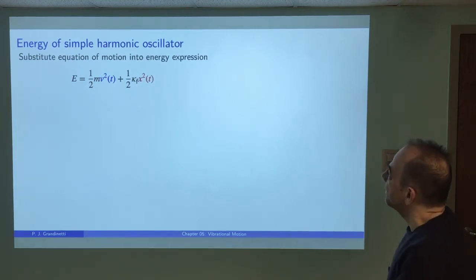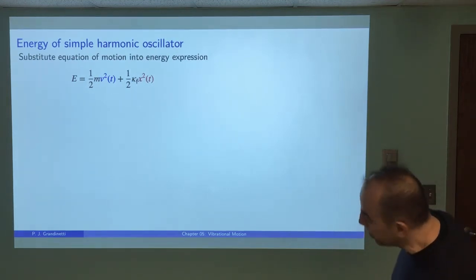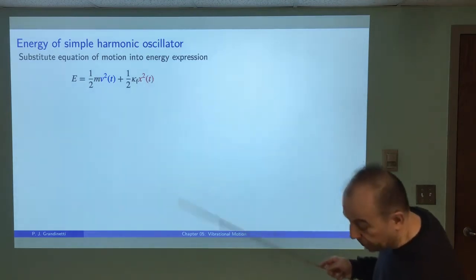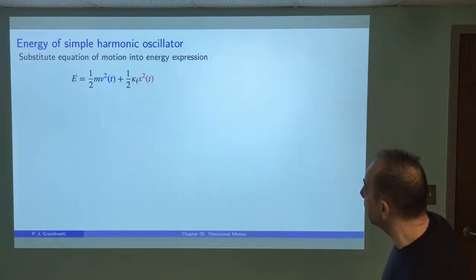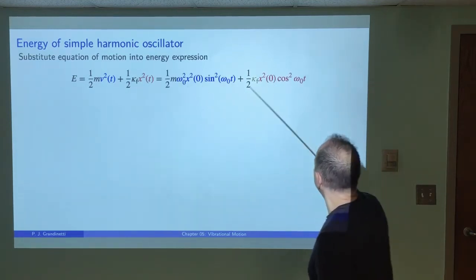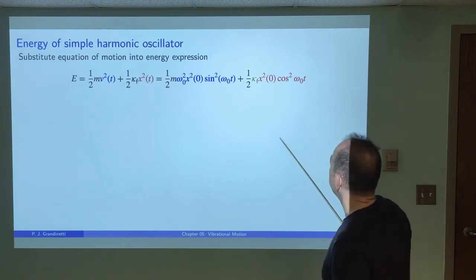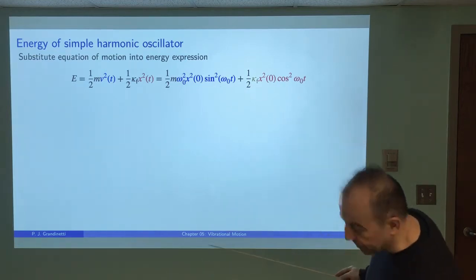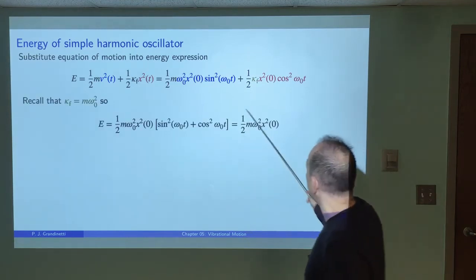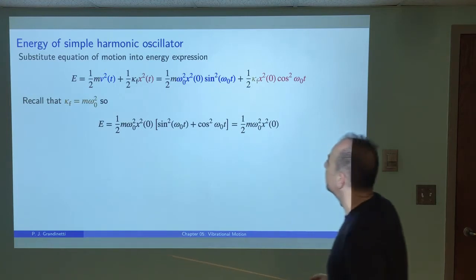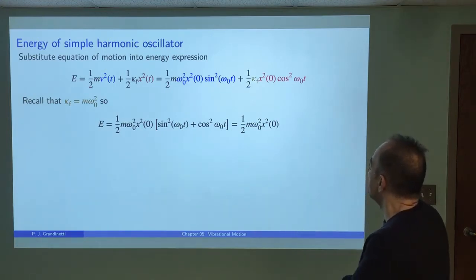Now, if I take those equations that I have for the velocity and the position that we solved earlier, we can plug them into our energy expression. So if you remember those expressions, here's the velocity expression, here is the position expression. If I do a little substitution here, one thing I can do is remember I've already solved for this kf, and it's mass times the angular velocity squared.